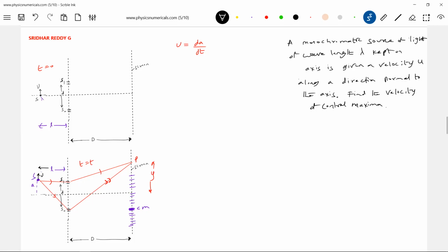Able to understand the methodology here? Okay, now the path difference, delta x2 and delta x1. Which ray will cover more path before the slits?